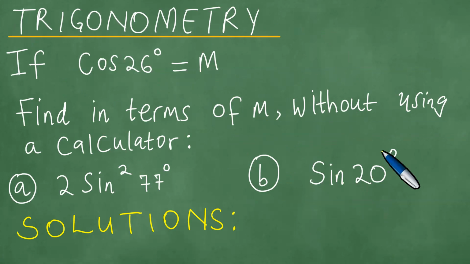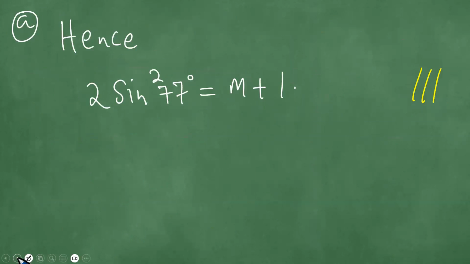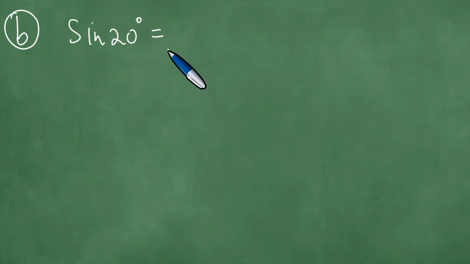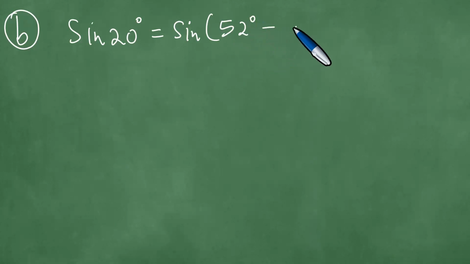The second part of the question is to focus on the sine of 20 degrees. What is the sine of 20 degrees? We proceed to attempt part B, which is straightforward. The sine of 20 degrees can be written as the sine of 52 degrees minus 32 degrees.